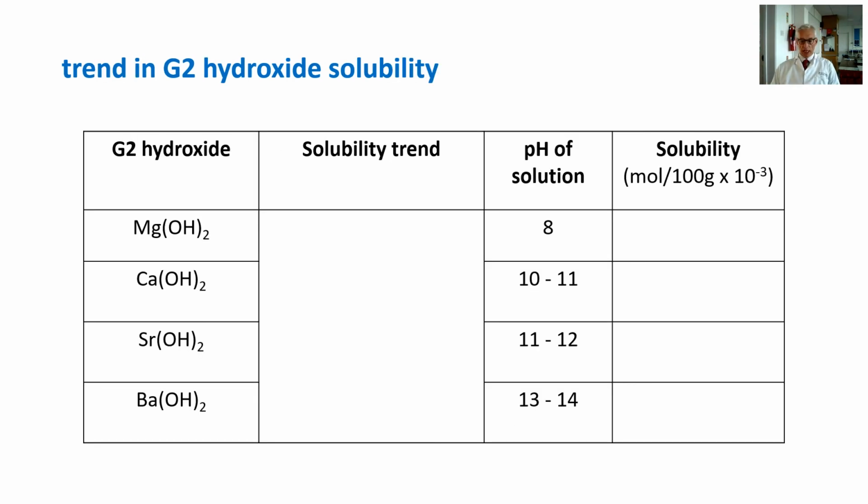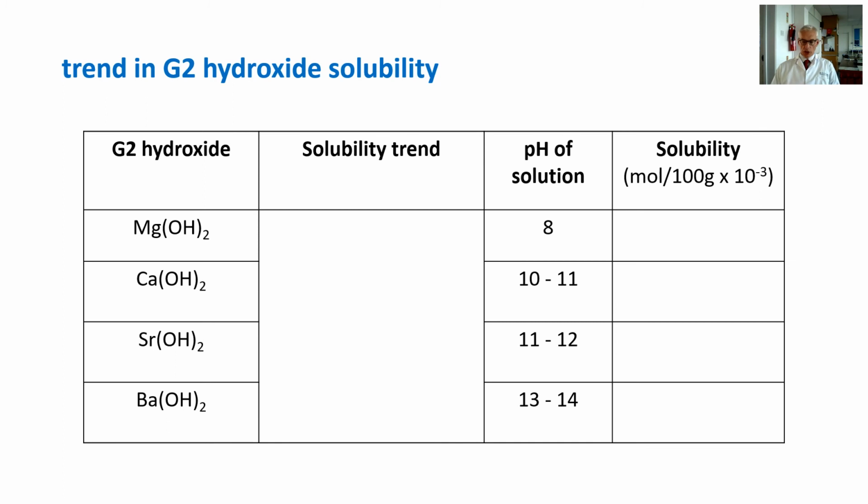This table has the metal hydroxides of group 2 and the pH of the solution they formed. Based on that data, can you deduce a trend in the solubility of the metal hydroxides? Pause the video, think it through, come back to check against my answers.